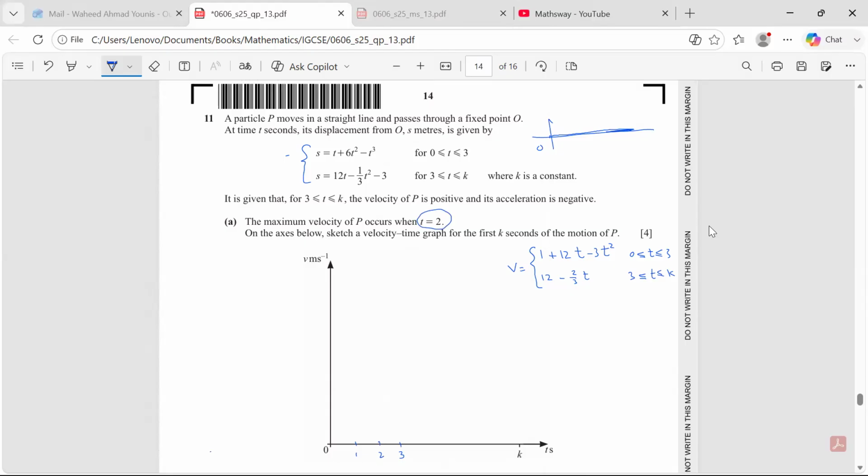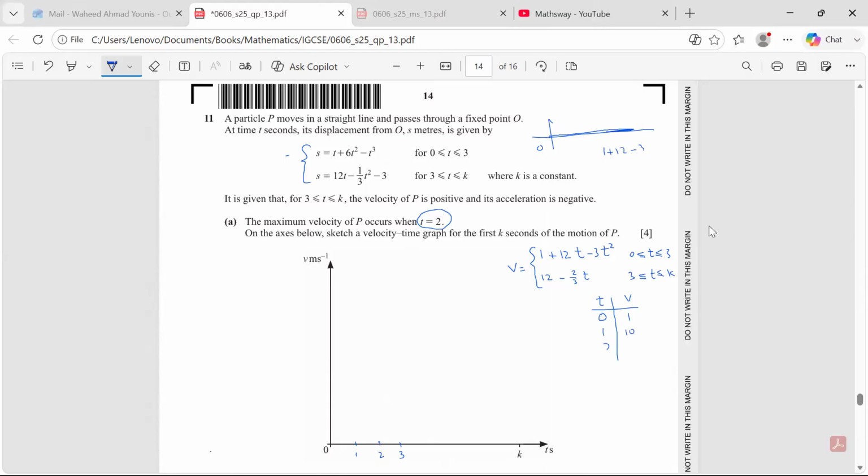So from this information, let me make a quick short table, with t and velocity. When t is 0, the velocity is 1 only. When time is 1 second, it is going to be 1 plus 12 minus 3, so this is 10. Velocity is 10 meters per second.